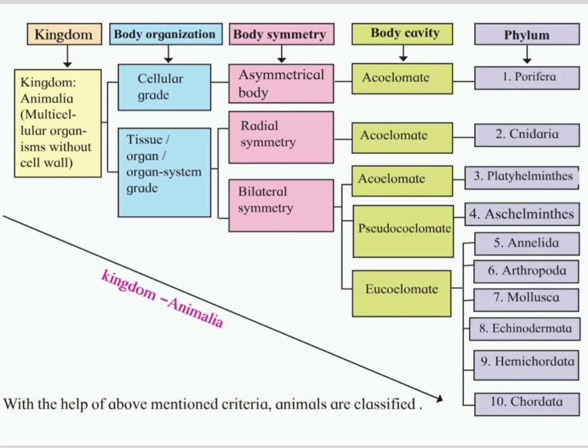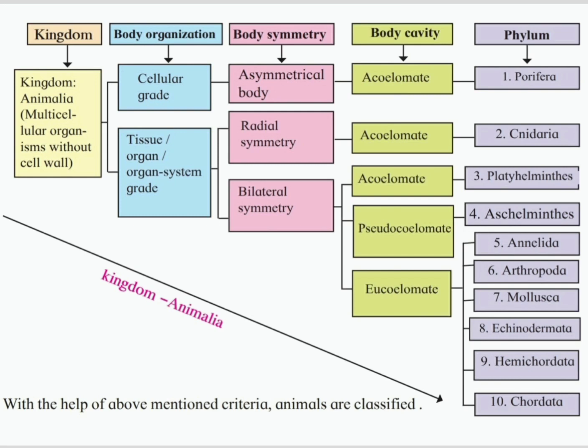If you look at that last part in the purple color, Porifera animals are acoelomate, that is, they do not have a cavity. Their body is asymmetrical, you cannot divide it into equal halves, and they show cellular grade body organization. So this is how we will have to read this particular chart.